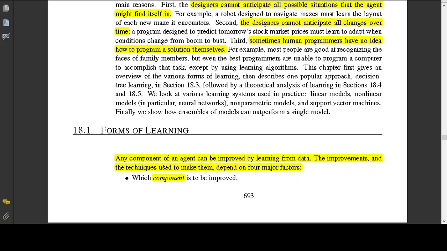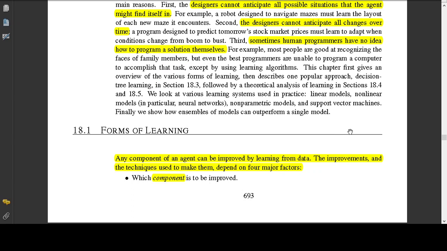Any component of an agent, where the agent is the AI system, can be improved by learning from data. The improvements and the techniques used to make them depend on four major factors.